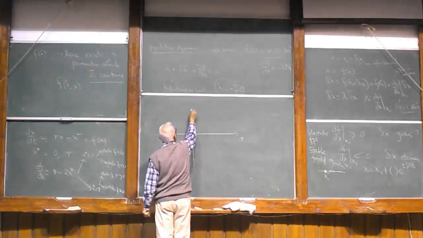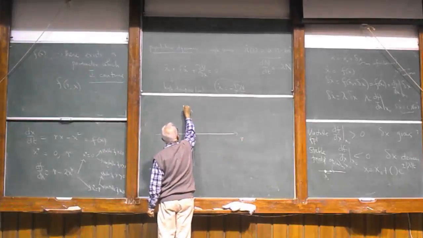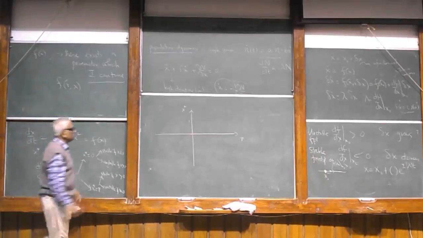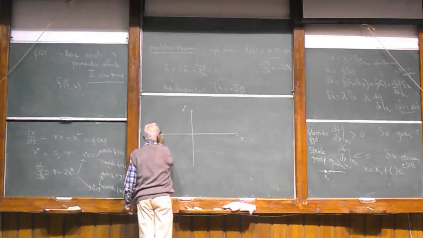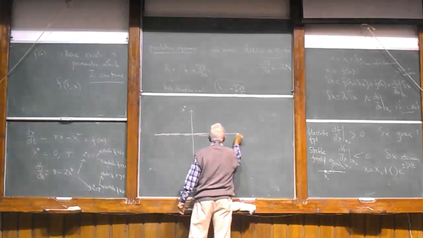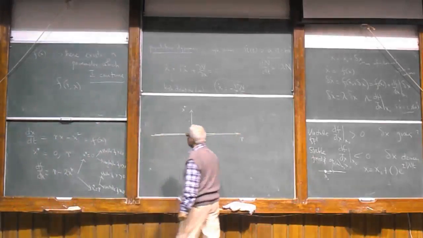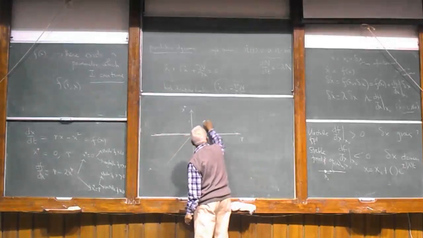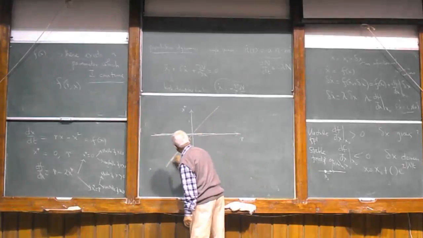So here is R and here is X star. One fixed point is 0, so X star equal to 0 is one fixed point. The other fixed point is R, so that's the 45-degree line over here.